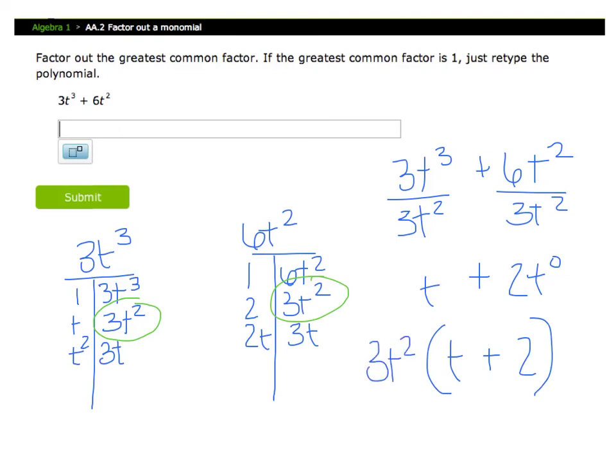And if we were to redistribute this for our check, we get 3t squared times t, which is 3t cubed, and then 3t squared times 2 is 6t squared. And that matches our initial answer there.